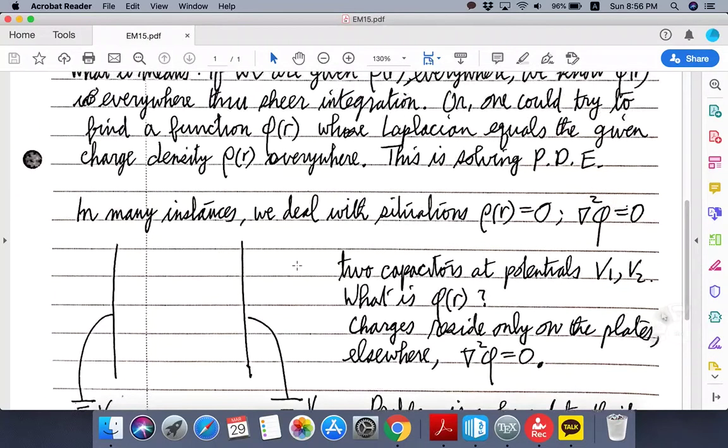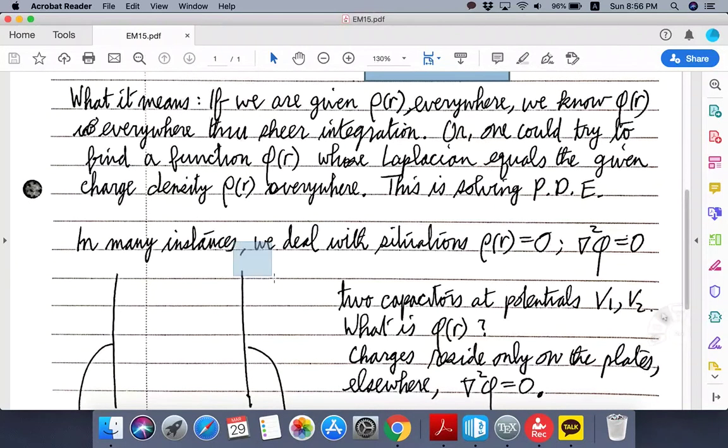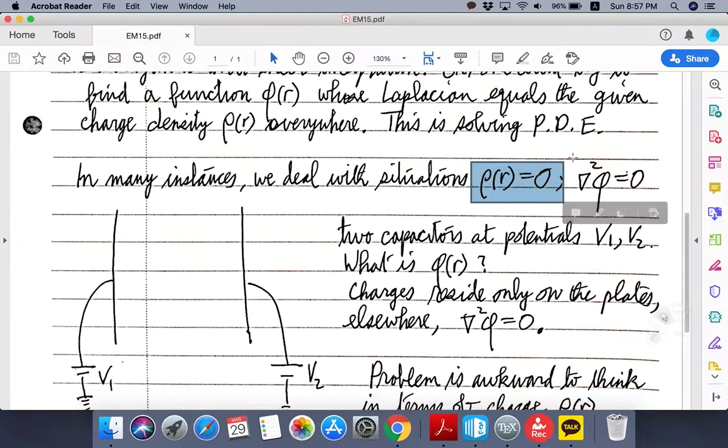However, there are situations where it becomes possible to make a lot of progress in terms of the solution. And that situation is when you have no charge density, at least over a certain region in space, in which case this differential equation simplifies to the Laplacian of the potential function being equal to 0.